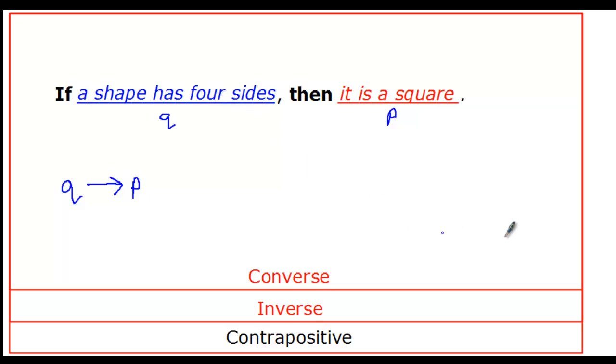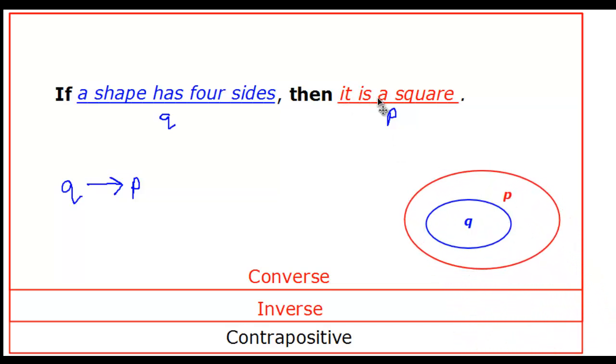So if a shape has four sides, so now that's the conditional part, right? So I got this shape, and it definitely has four sides. Then it is a square. So you want to ask yourself, and you want to be drawing this, pause as you need to, but you want to ask yourself on this statement, if a shape has four sides, so it's right here in the four side region, does that mean that it absolutely must be within this square region?